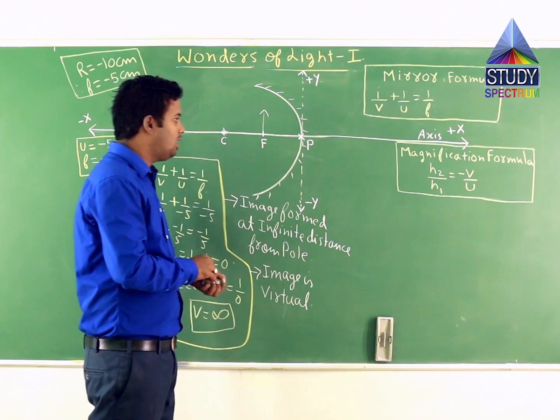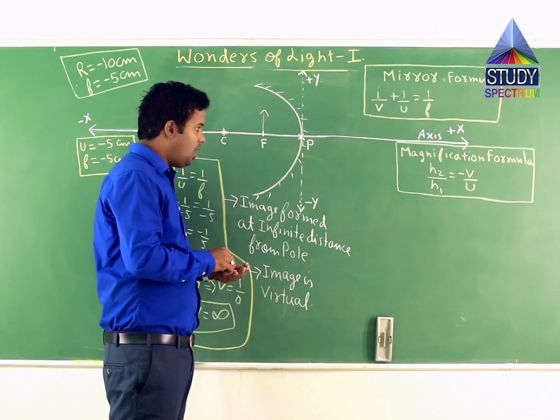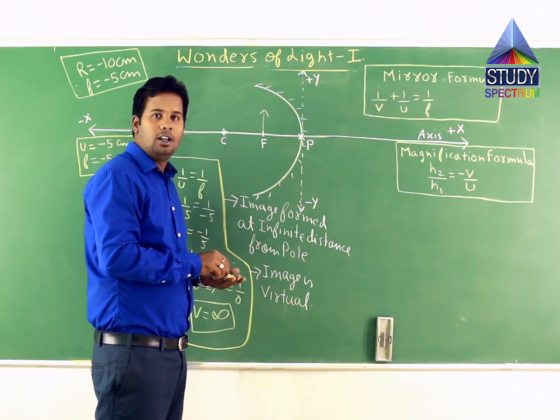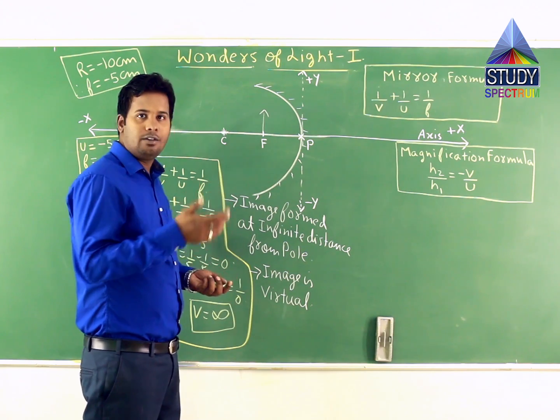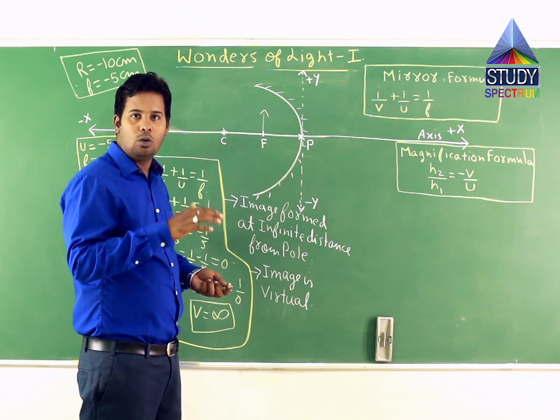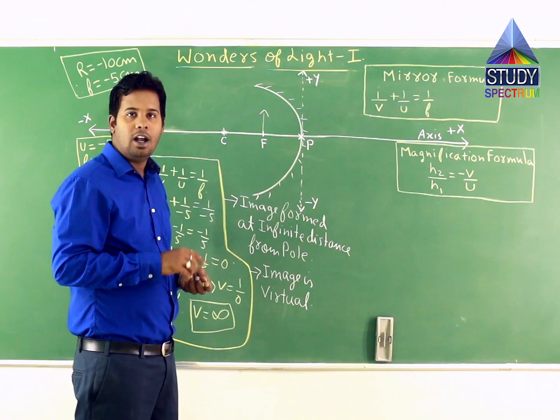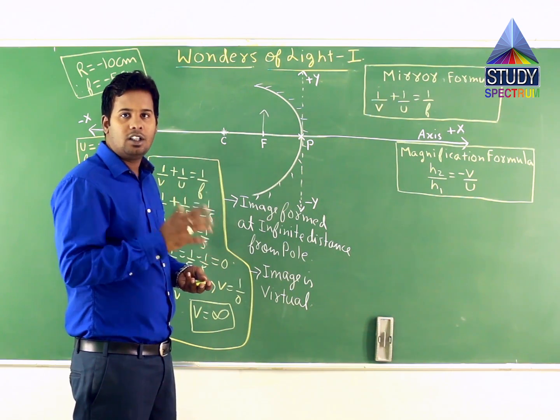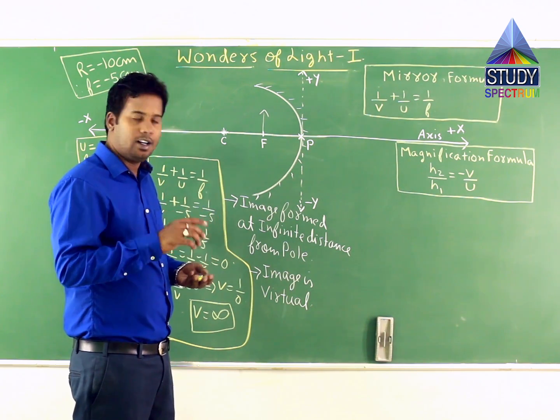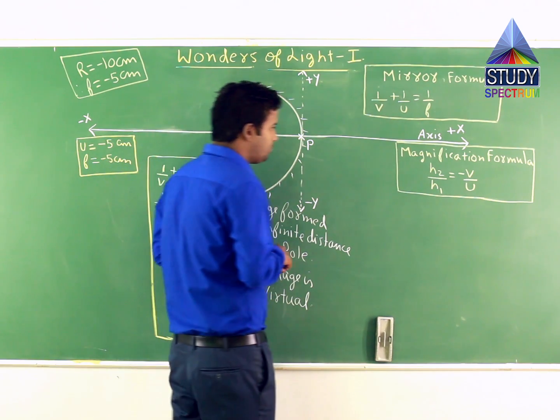Now if we use the magnification formula and try to find whether the image is magnified, diminished or equal to the height of the object, and the second result is whether the image is erect or inverted, let us see what it comes out to be.